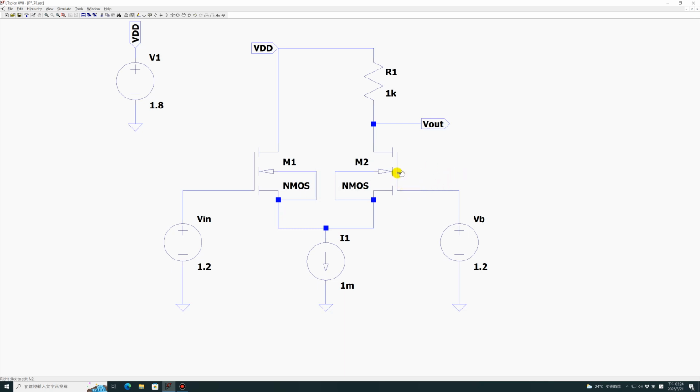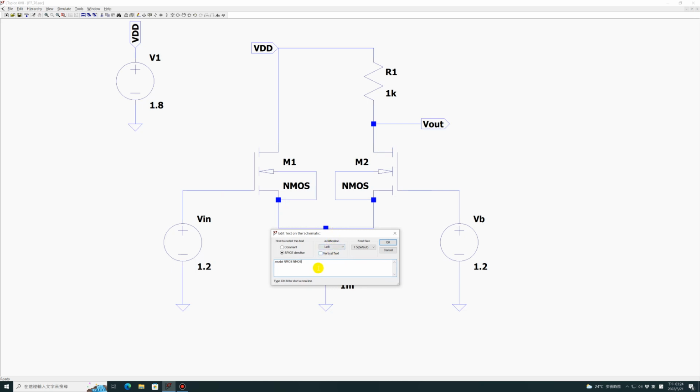Now we want to define this NMOS circuit, right? So we use the model directive, okay? So the model directive is dot model NMOS. Here the NMOS will be defined with this.